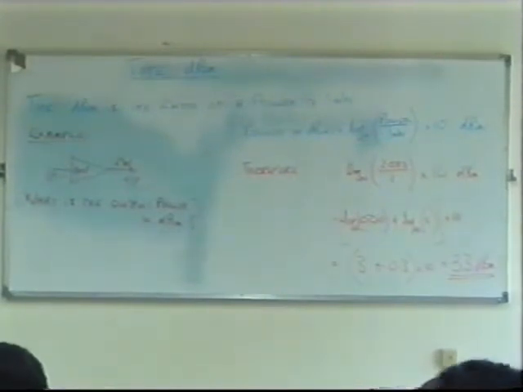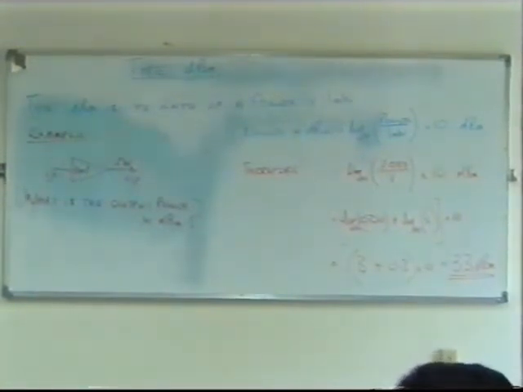Now, if you double the sound power, you're increasing it by how many dBs? If you multiply by 2 the sound power, or any power, how many decibels change is taking place?